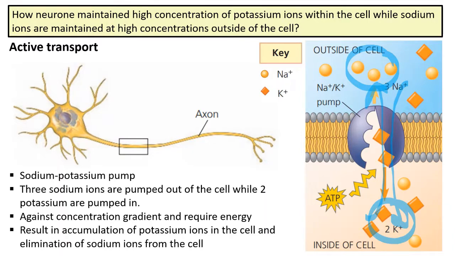And this movement is against the concentration gradient and requires energy. This will result in accumulation of potassium ions in the cell and elimination of sodium ions from the cell. So that's why the sodium ion concentration is maintained at high concentration outside of the cell.